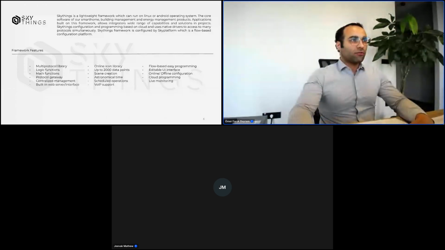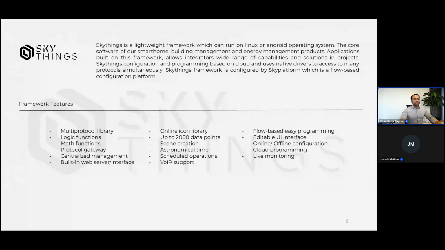SkyPlatform and SkyThings configuration and programming are based on cloud, completely cloud. That doesn't mean you cannot use these locally. You can program these devices locally. If there is an internet problem, if you don't have internet, you will be able to use this platform in the local network, in the local interface.